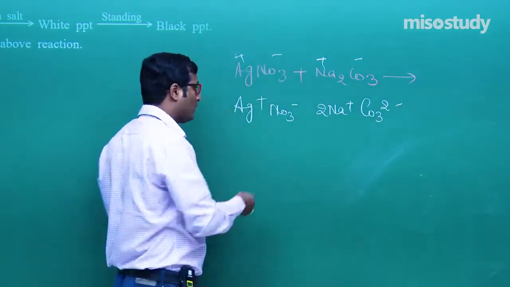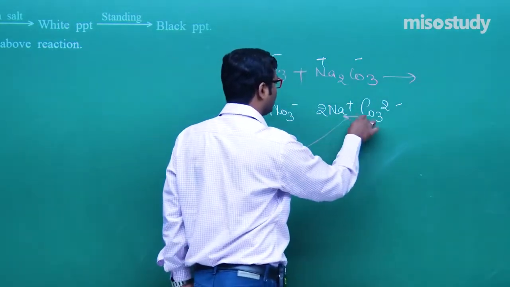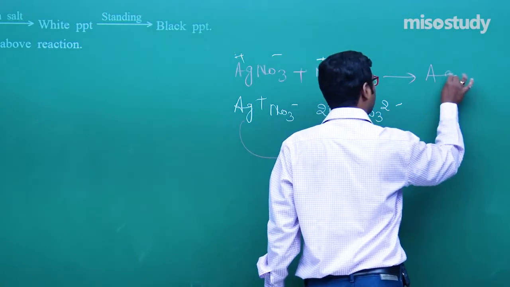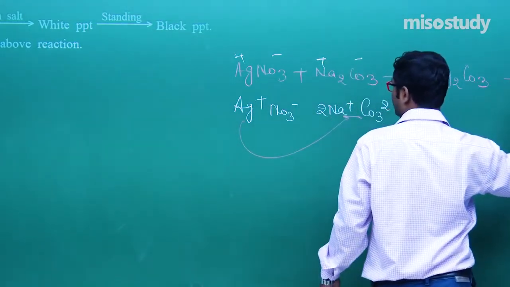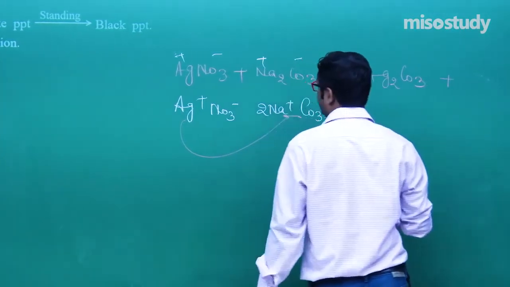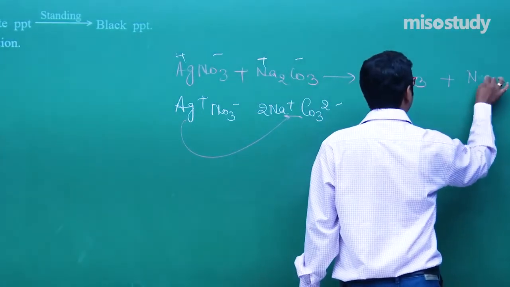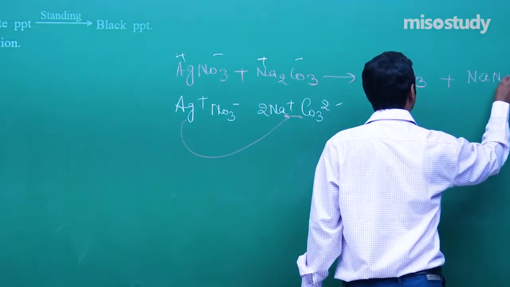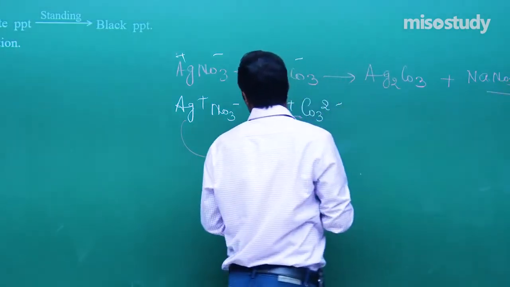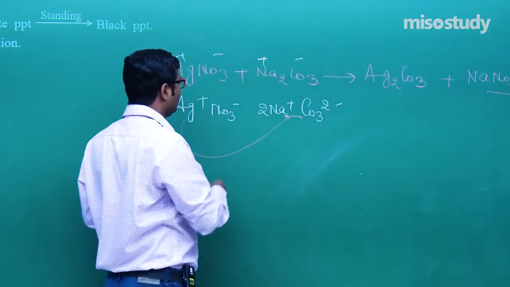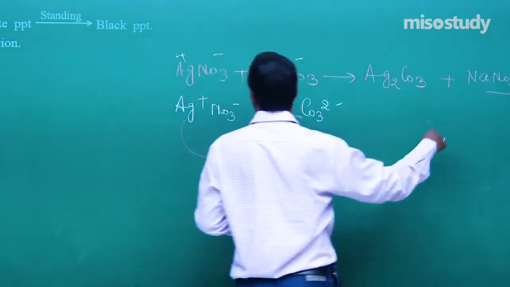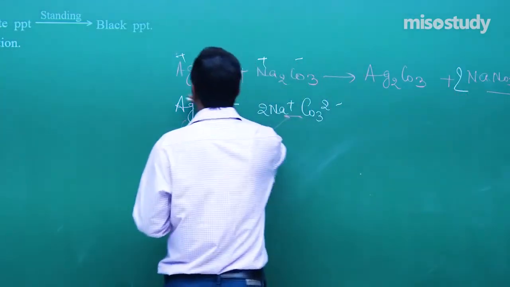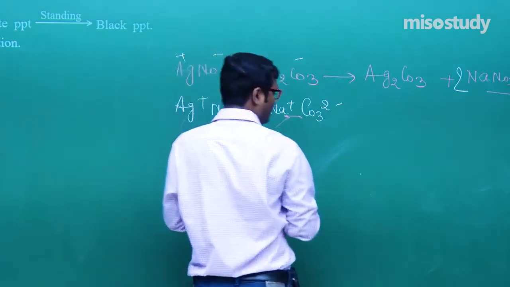Clear to you? Now what will happen? The product is Ag2CO3 plus 2NaNO3. Clear to you? What happens here? Ag2CO3 and NaNO3.